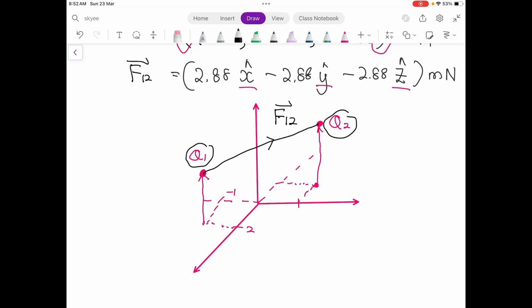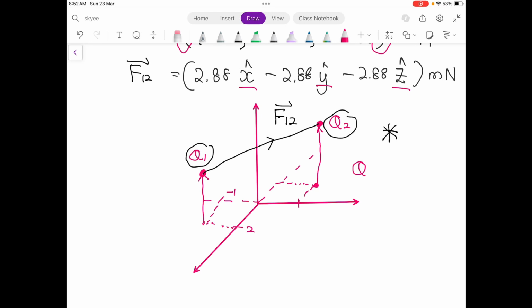Now, let's consider another situation. We'll be using this diagram. Now imagine there is an additional charge, an extra charge. I will name it Q3. Where is this Q3?